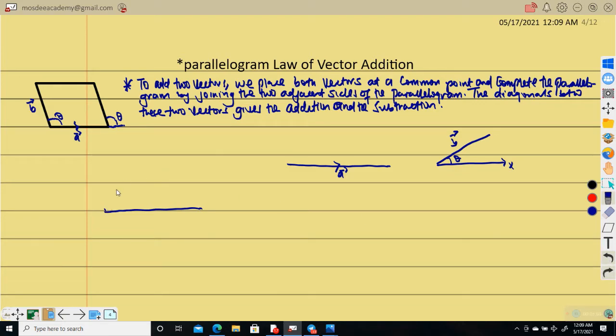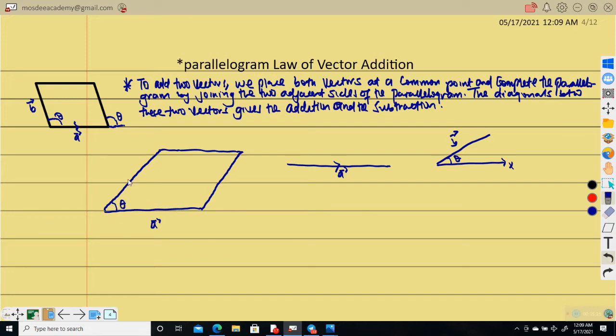So this is the B vector, having an angle or a direction of theta towards the positive x-axis, which we discussed. So this is A and this is B. We now complete the two adjacent sides. This is going up. We complete this side also by going up. Then we complete this by joining this side to this side. Then we have completed our parallelogram.